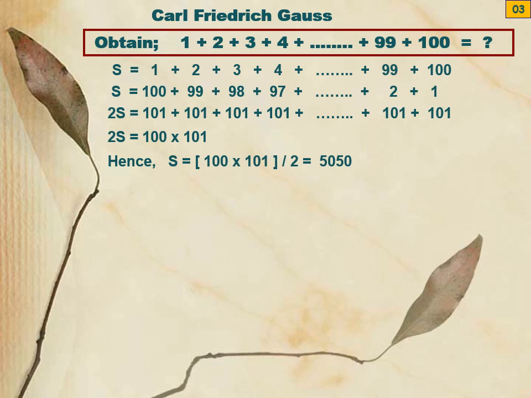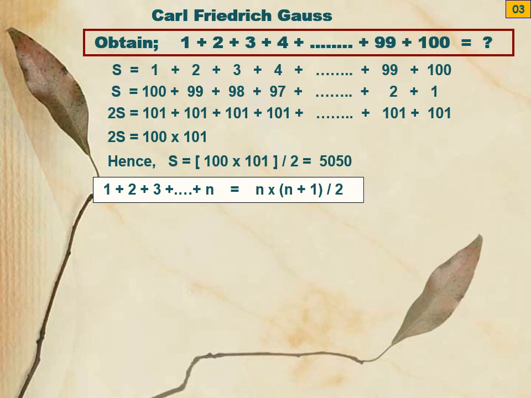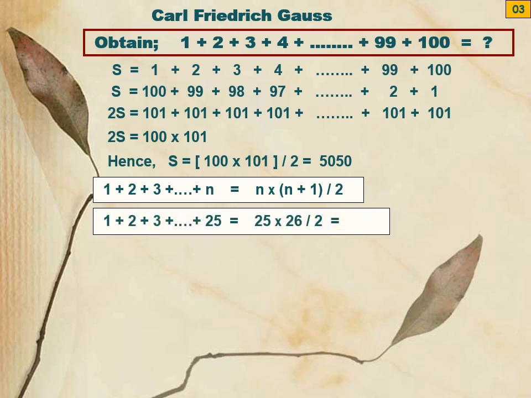The formula here is, if you want to add numbers from 1 to n, then it is equal to n into n plus 1 by 2. For example, if you want the total of 1 plus 2 up to 25, it will be 25 into 25 plus 1, that is 26, upon 2, and this total is equal to 325. So this was his story.